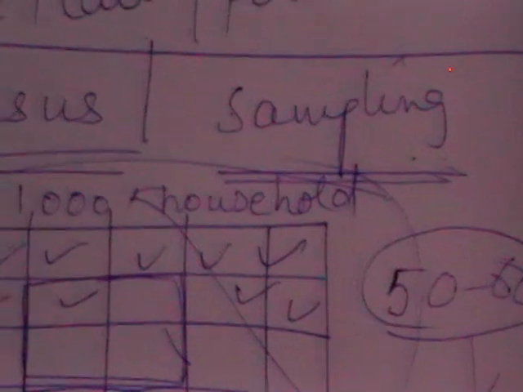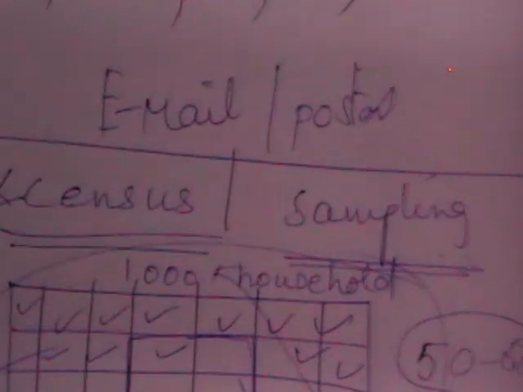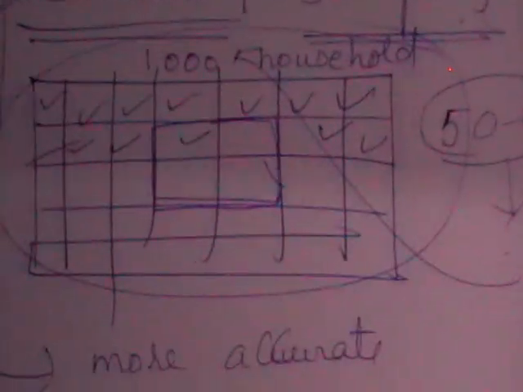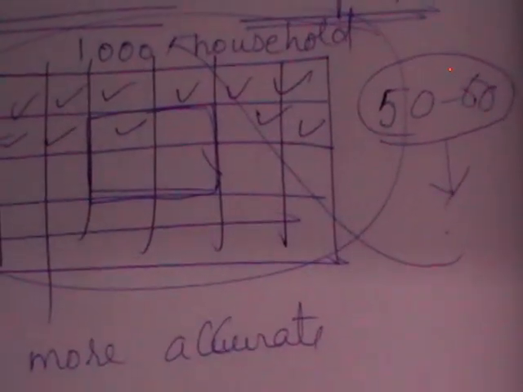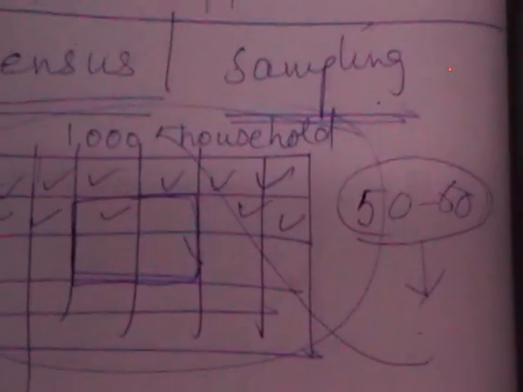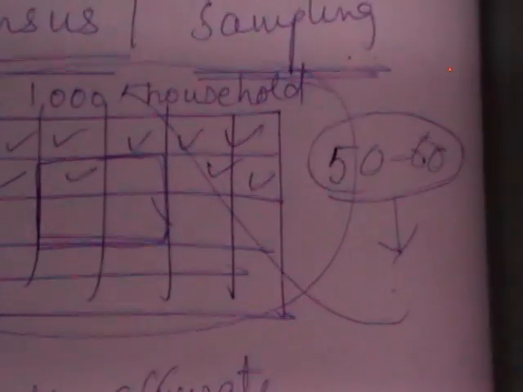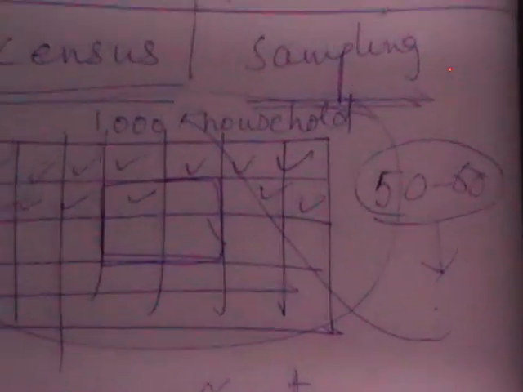To overcome these two factors, we go for sampling, where instead of studying each and every unit of the population, we concentrate only on a part of the population, collect the required information from that part, analyse it, and conclude about the required task. So this is about census and sampling.